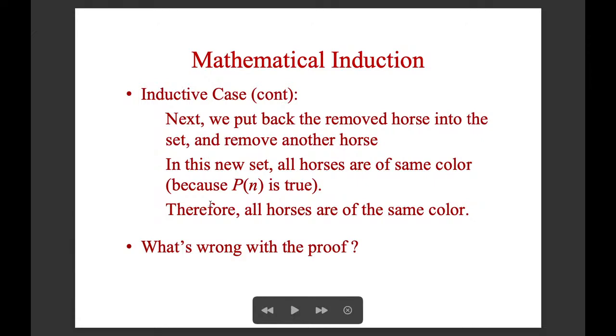And because Pn is true, the resulting n horses must be of the same color. So originally n horses are of the same color, and then after that n horses are of the same color, and then we take out one, take in one. So in that case, they are all of the same color. So now, if Pn is true, then Pn plus 1 is true. So by the principle of mathematical induction, all n horses in any case will be of the same color.